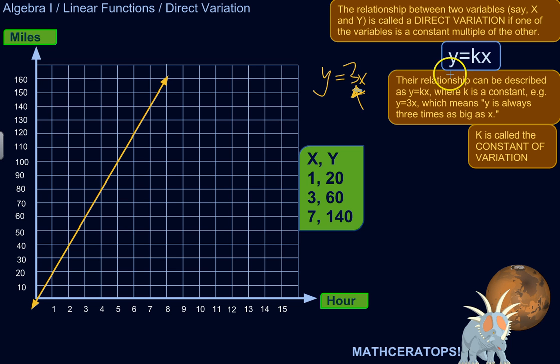So let us look at something based in real life. I've got a table of values here. These are miles, and these are hours. So say I recorded some values here.